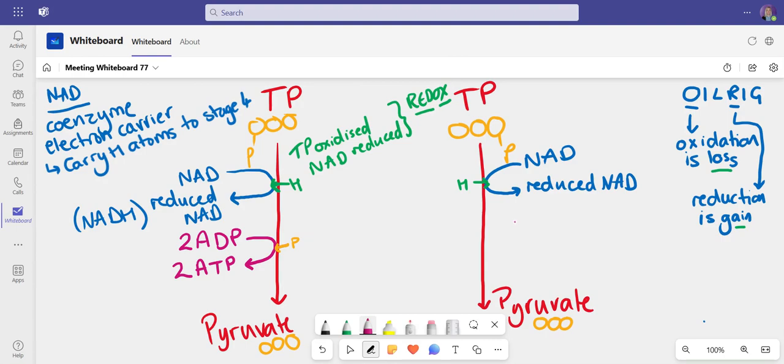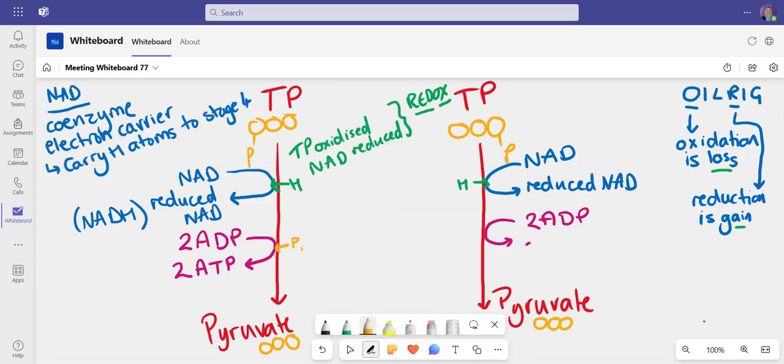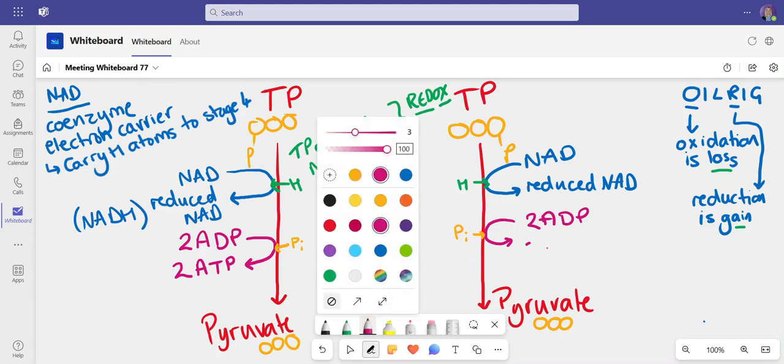So we do the same on this side as well. So two ADP molecules have phosphates added to them. We always say inorganic phosphates. When we write phosphate, like I've written there, really I should write a little tiny I next to it for inorganic phosphate. That's just traditionally how we write it, a capital P and a little tiny subscript I at the bottom.